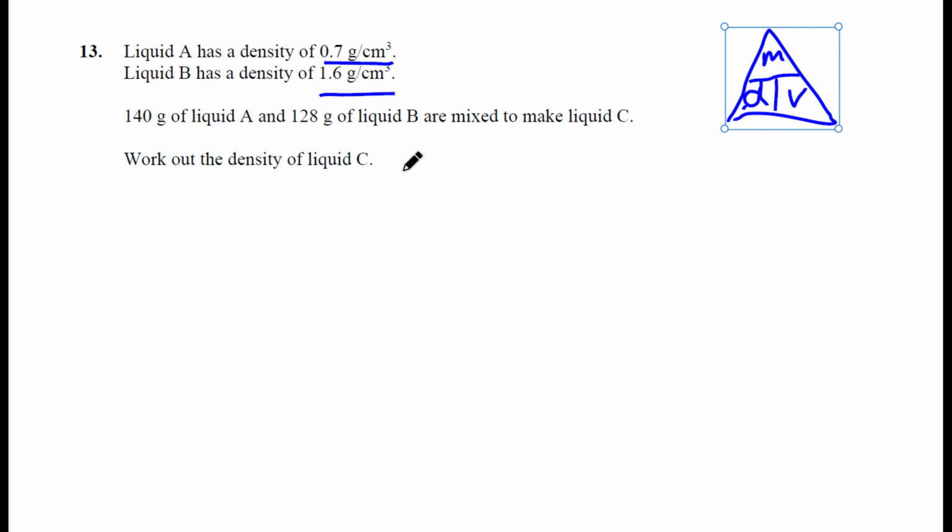So we need to work out the density of liquid C. So we have the density of liquid A, that's the mass, and we have the mass of liquid B.